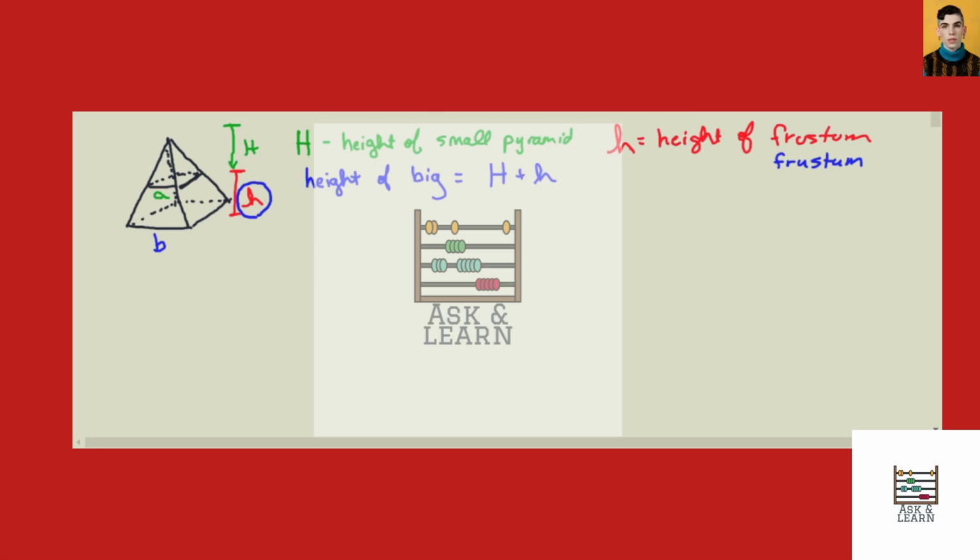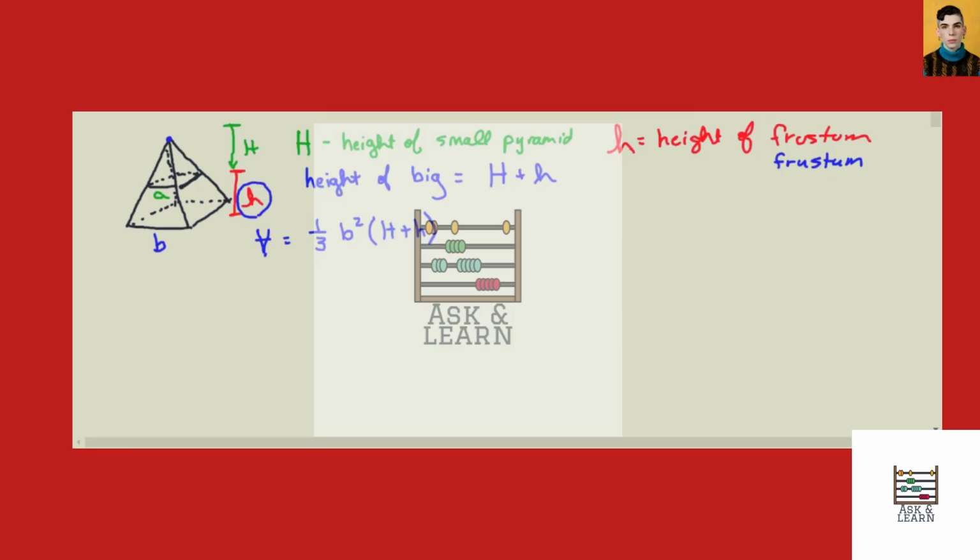I can find the volume of the full pyramid all the way up to the top by saying 1/3 the area of the base times the height of the whole thing, which is big H plus little h. I'm using big H to be the height of the small one from A up, A squared up. And as I said, the little h is just the difference between the height at B and the height at little a.